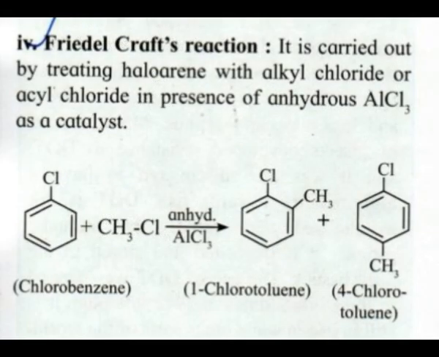The very last reaction and a very important one is the Friedel-Crafts reaction. It is carried out by treating haloarene with alkyl chloride or acyl chloride in presence of anhydrous AlCl3 as a catalyst. So see, it's put up: chlorobenzene plus CH3Cl with anhydrous AlCl3 will give you 2-chlorotoluene plus 4-chlorotoluene.